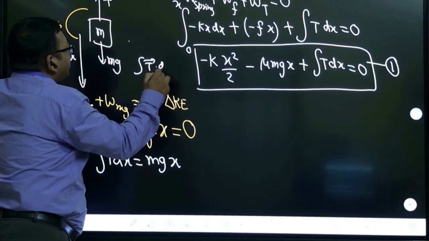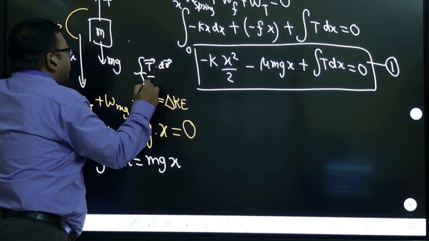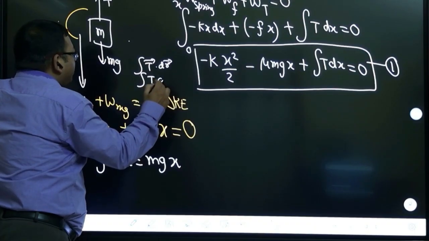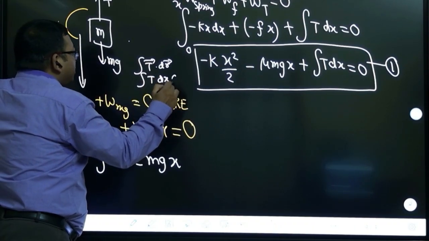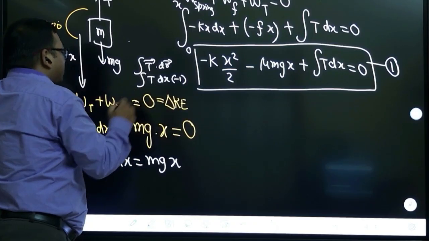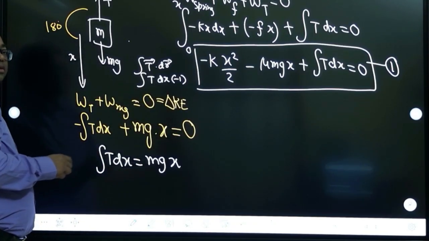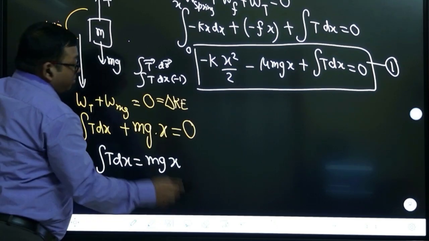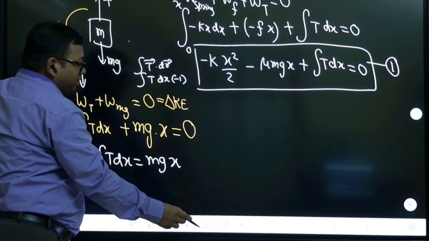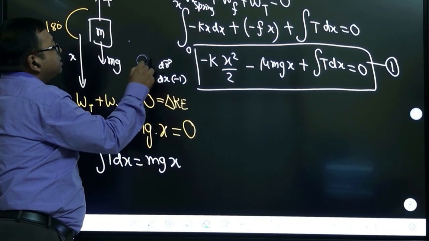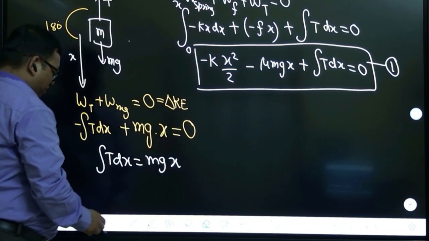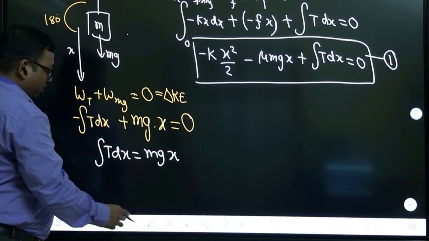T dot dr vector. So magnitude of tension, magnitude of displacement, which is dx, and cos 180 degrees, minus 1. That's why it is minus T dx. Are you understanding this? But for that block, it was plus T dx. Why? Because tension and displacement were in the same direction. That's what. Now you solve.